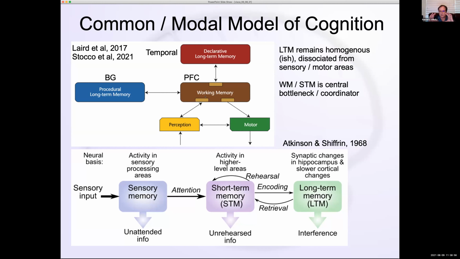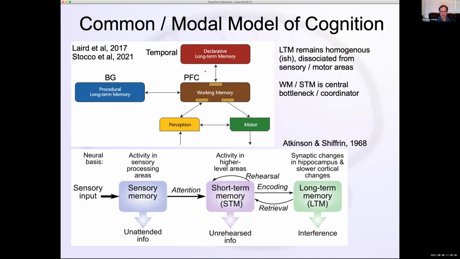Again, this critical central role for some kind of constraint of what you're going to do now, what task you're working on, and iterating over that. And of course, sensory motor processing. And I also noted that this actually resembles pretty closely the modal model of memory from Atkinson and Shiffrin, a classic model. So I think there's a lot of convergence on this basic structure of what we think of as this core model of cognition.